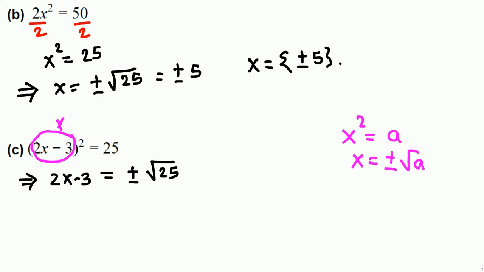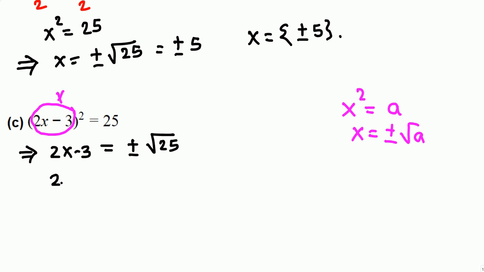Let's simplify. That is the same as 2x minus 3 equals plus and minus the square root of 25, which is 5. So we have two equations: 2x minus 3 equals plus 5, and 2x minus 3 equals minus 5. There are two equations, but we can solve them at the same time.